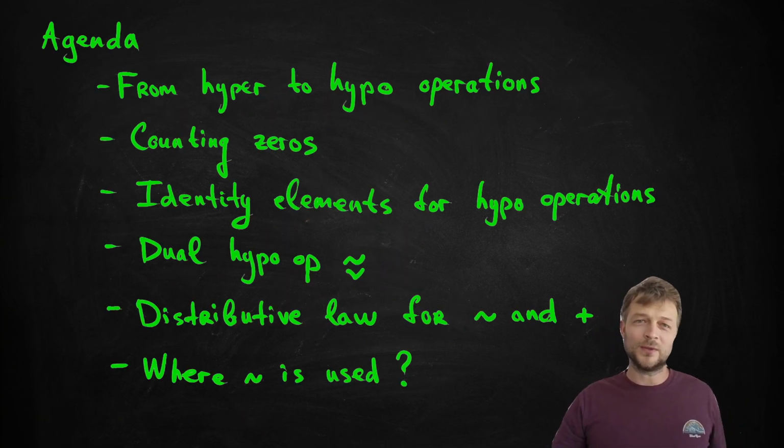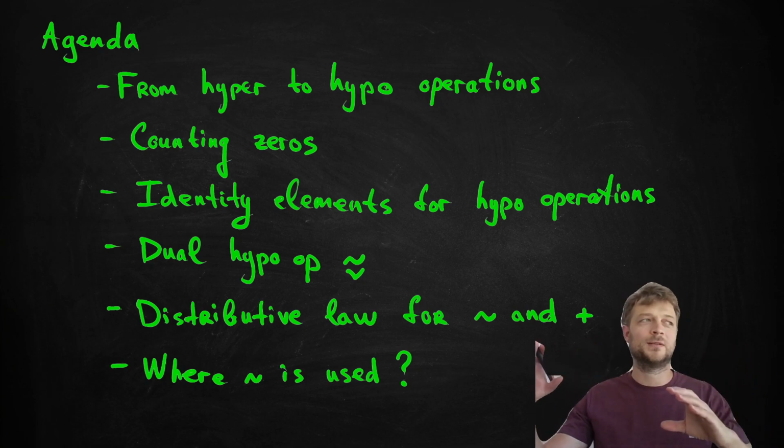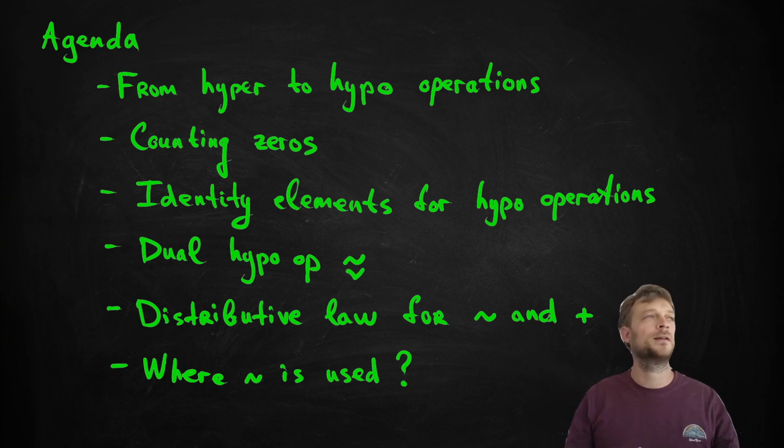Our agenda for today consists of these steps. First we go from hyper operations to hypo operations. Then we will consider some basic examples of how to compute with an operation that precedes plus.